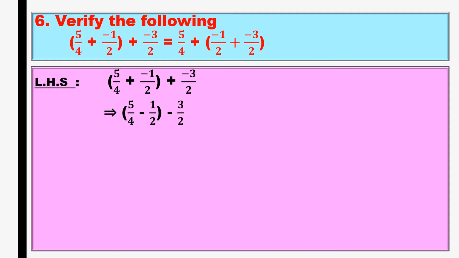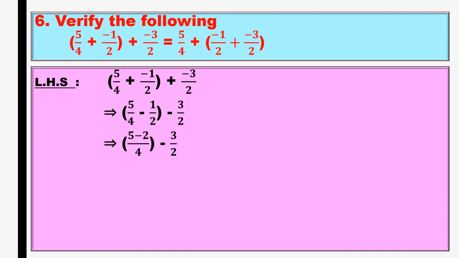Now here in between two rational numbers, these two are rational numbers, right? In between these two rational numbers you have a minus symbol. Whenever plus or minus symbol are there in between two rational numbers, you should take LCM. Okay, so LCM of 4 and 2 is 4, right? So let me take the LCM 4.